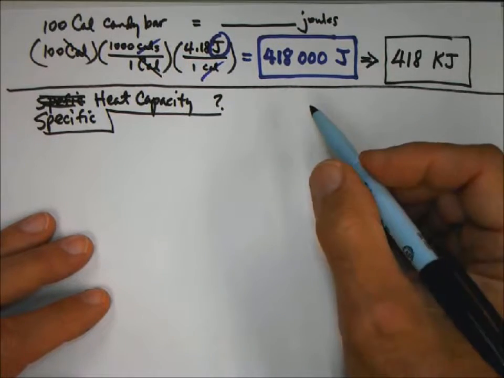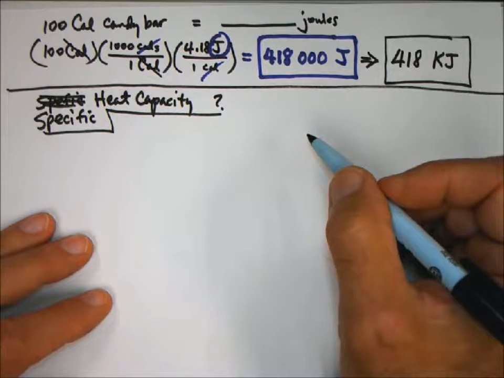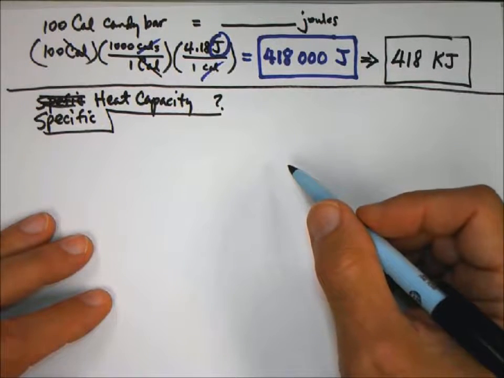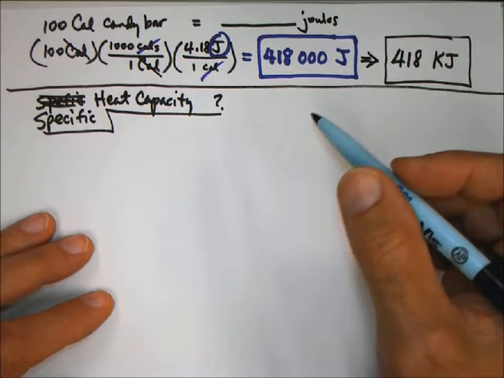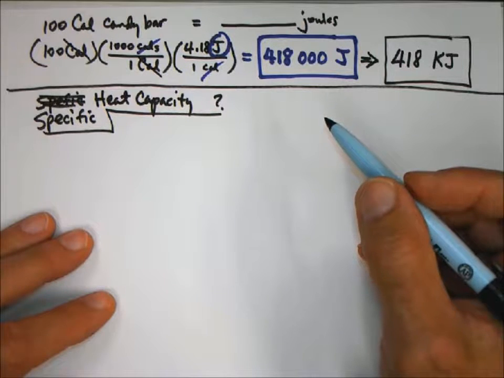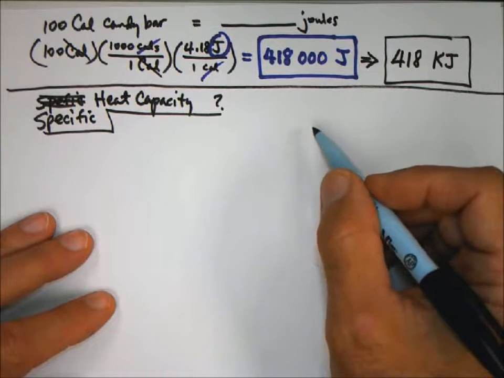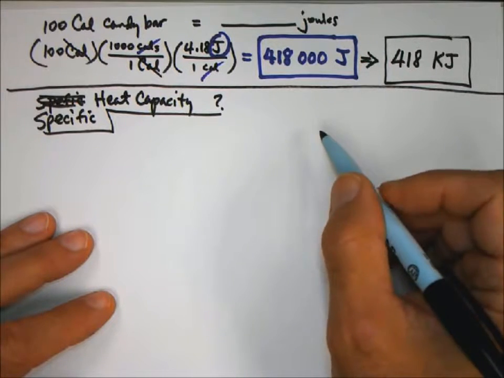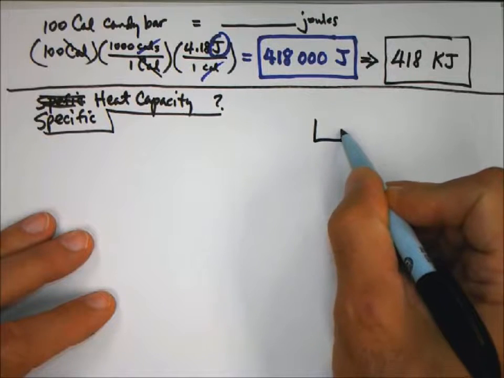Let's say that we have different materials that we're going to heat up, and just from your experience, you think about which one would tend to either heat up faster or lose heat faster. Let's check it out. Let's say we have something like water. Let's take 1 gram of water.